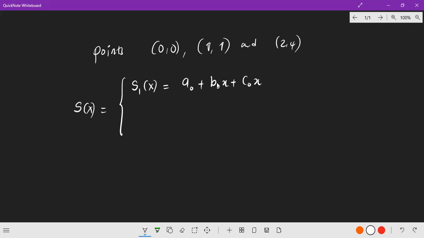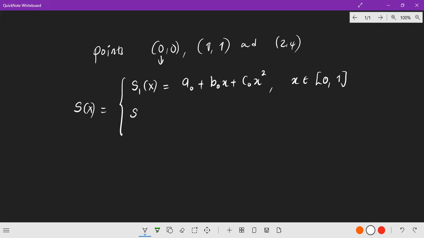And this spline will be in the range of x, so x naught is this one here to 1. This is x naught, this is x1, and this is x2. So this will be in the range from 0 to 1, so the values of x will belong to the set 0 to 1.